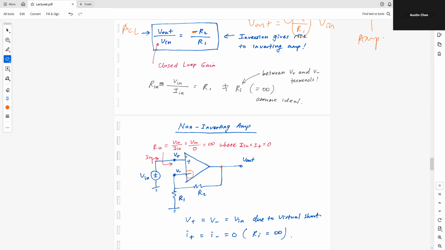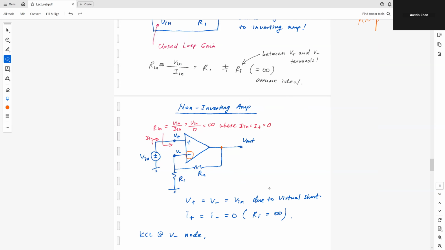So that's basically the reason why one is inverting and the other one is non-inverting. It depends on where you inject your signal. And of course, the place where you pick up your output is always the same. By changing the location of where you apply your input signal, the input voltage is going to give rise to the negative sign. So for a non-inverting amplifier, you always apply your signal to the positive terminal.